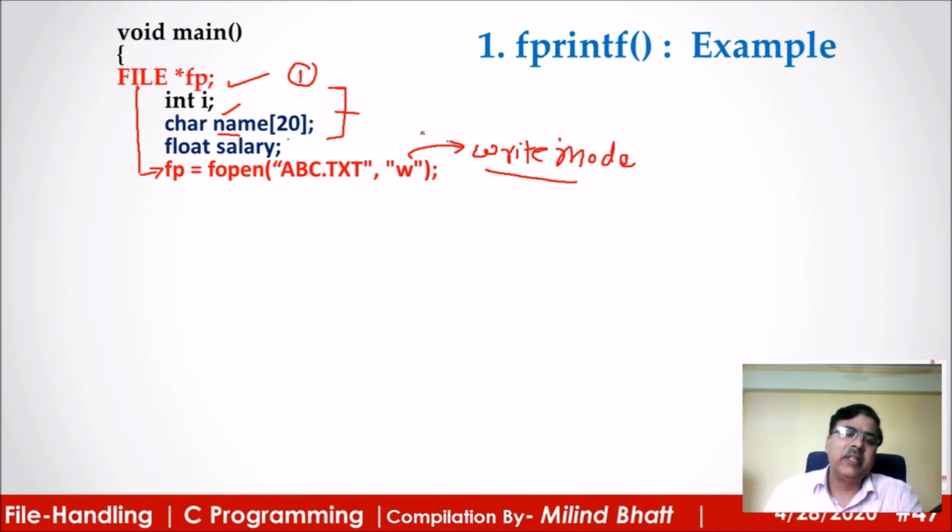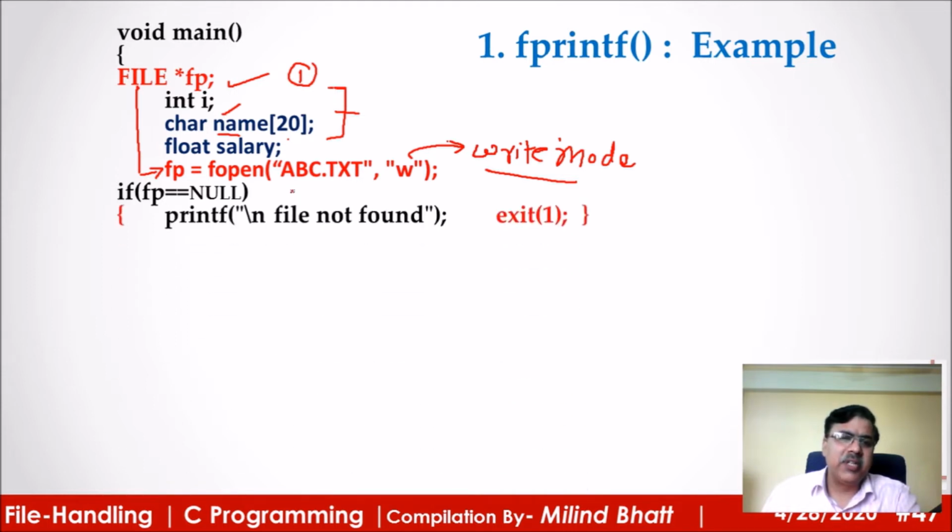In all previous cases, I used r in place of this w. So if it is openable, then okay. Otherwise, I have to check whether it is null. If it is null, then I have to exit from my program. So if fp is equal to null, print a statement that file is not found and finally exit.